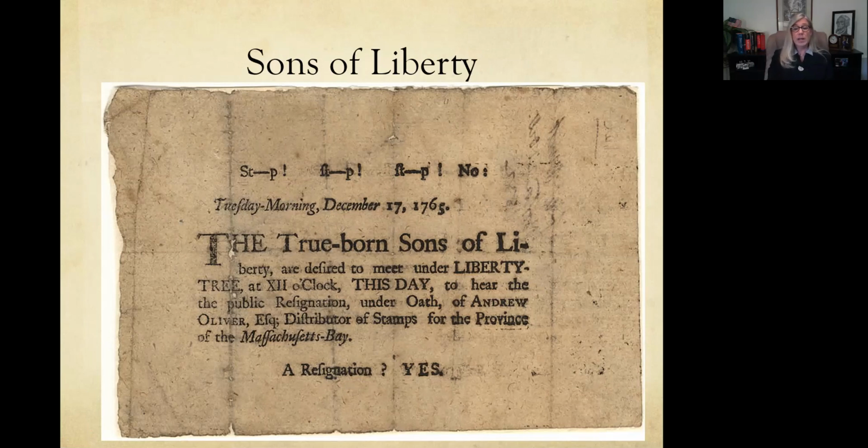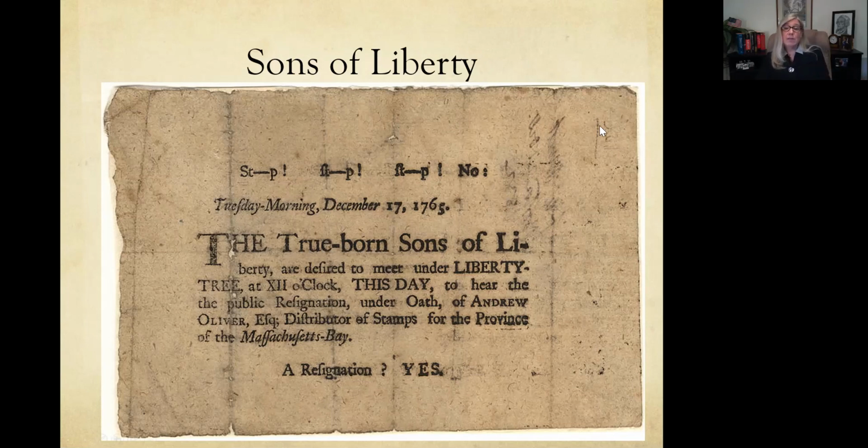A resignation? Yes. All right, so the Liberty Tree becomes this symbol, right? In the center of town, the Sons of Liberty have forced this guy who was supposed to be the tax collector of the stamps to resign. Well, how did they do that? Well, they did it by force and intimidation.